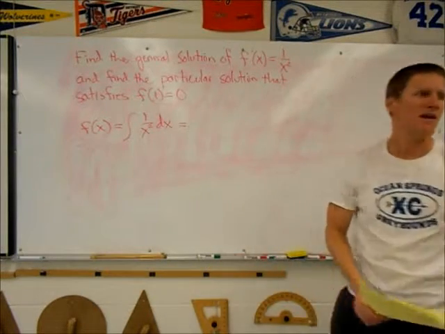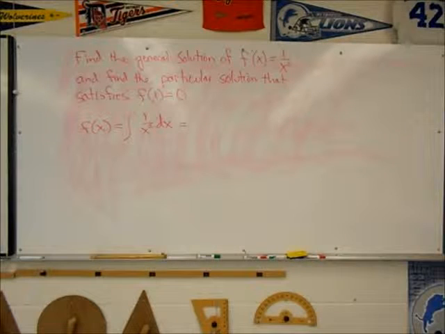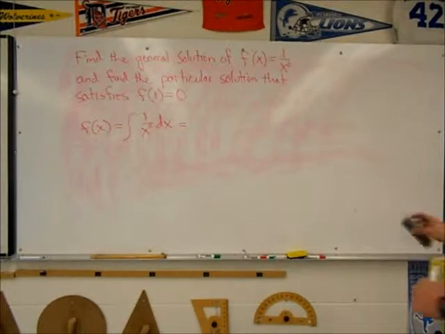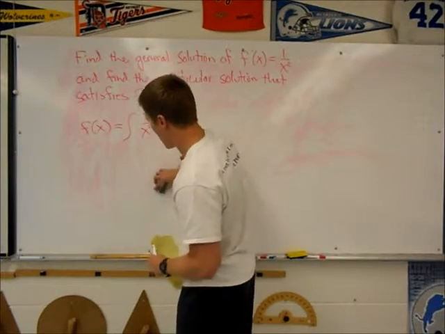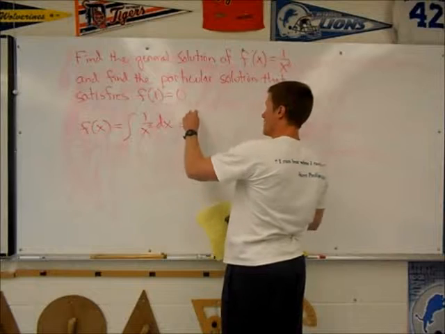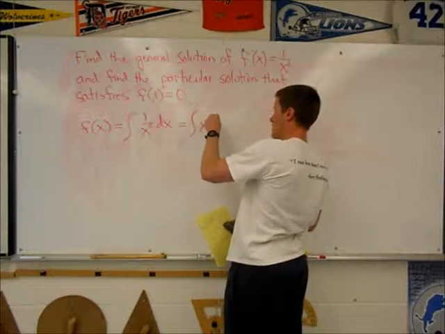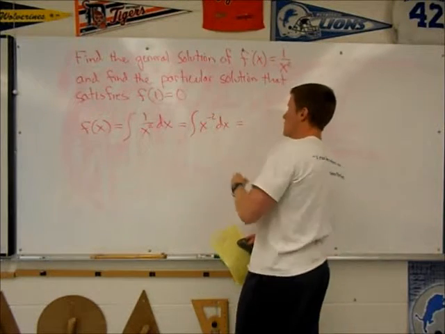Now I'm thinking a rewrite there. 1 over x squared. That's the same as x to the negative 2. Use our power rule.